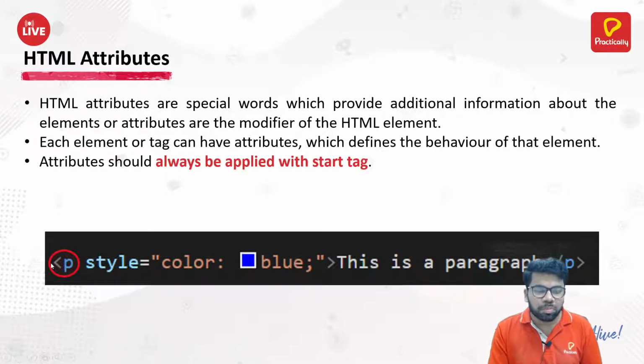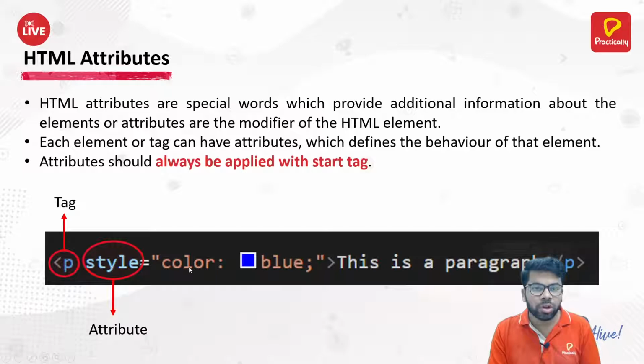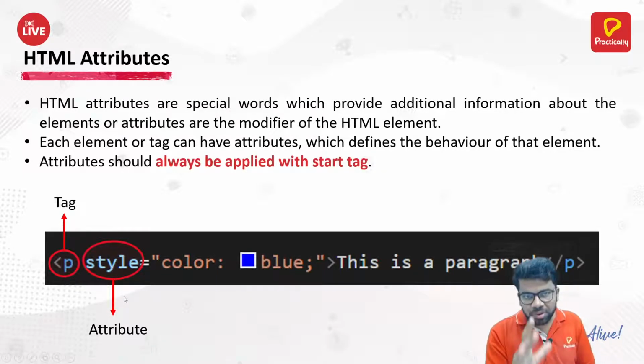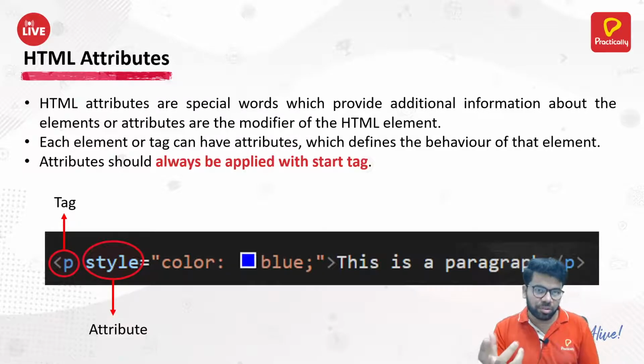This P tag has opening and closing, but it contains one style attribute. Using this style attribute, we can give the color, the font size, the font style. These are the special words which provide additional information, which helps us decide how we want to display our content on the web page.